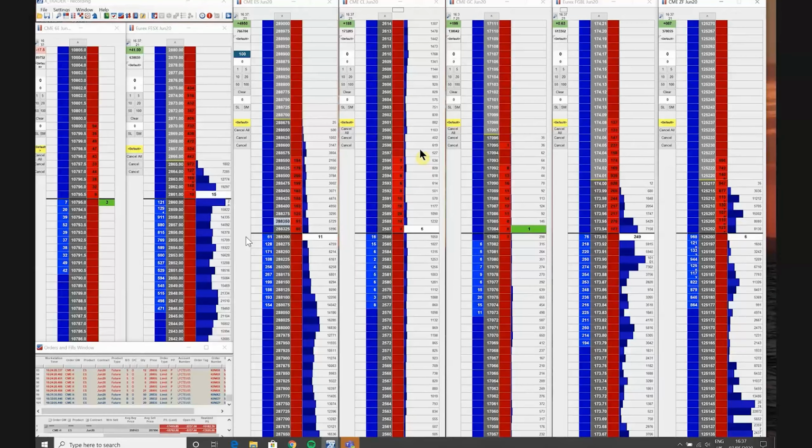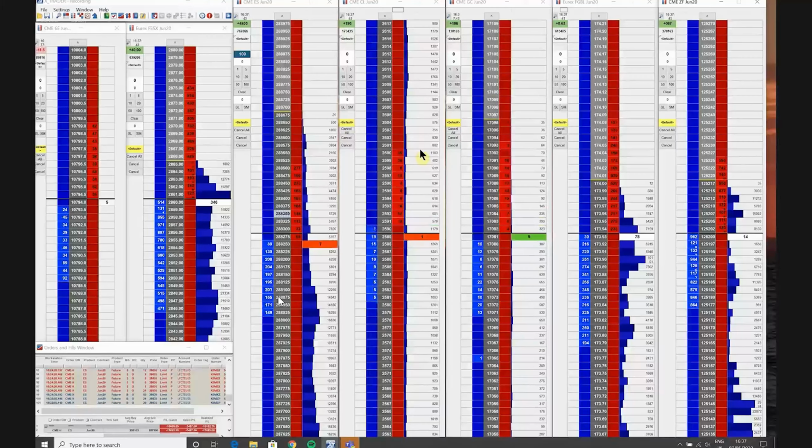Ideally we'd like to see this market get picked up again if it's strong. But what we see is we can't really get above these 83s. You can't see the candlesticks, but the market can't get above 83.5, which is what we're seeing right now.